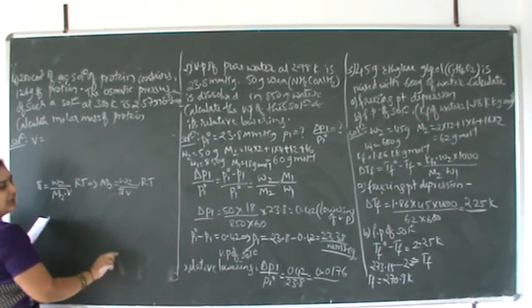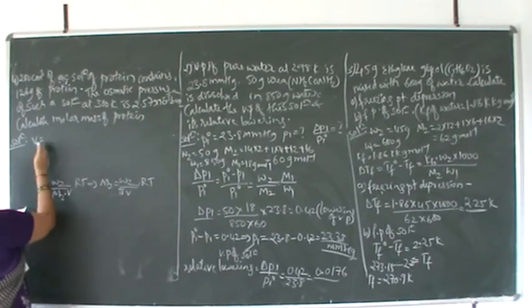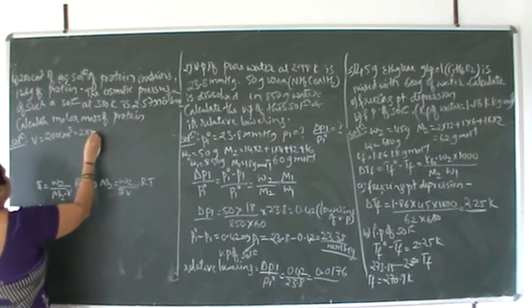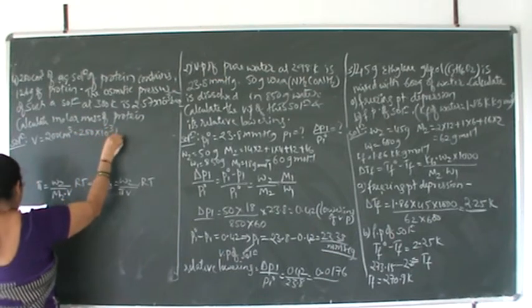Always write the answer with unit. Volume 200 cm cube, convert it into 10 raised to minus 3 liters.